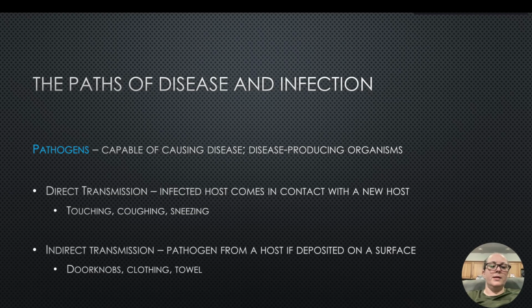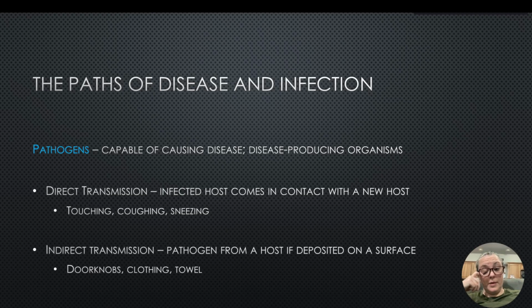Direct transmission would be the infected host comes in contact directly with a new host. This would be touching, coughing, sneezing within their personal bubble, where it would be directly transmitted from one host to the other.